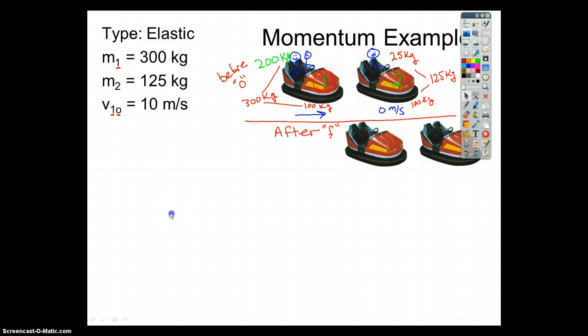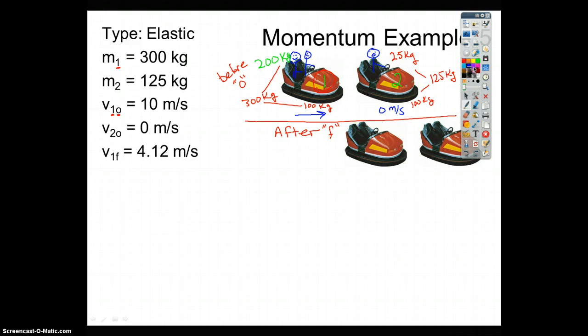Before the collision, her speed is a whopping 0 meters per second, so we say V2O. If you don't use these symbols, the problems are very difficult to do. After the collision, the two boys now have a speed of 4.12 meters per second. We forgot to put the speed into our drawing here; the initial speed is 10 meters per second.